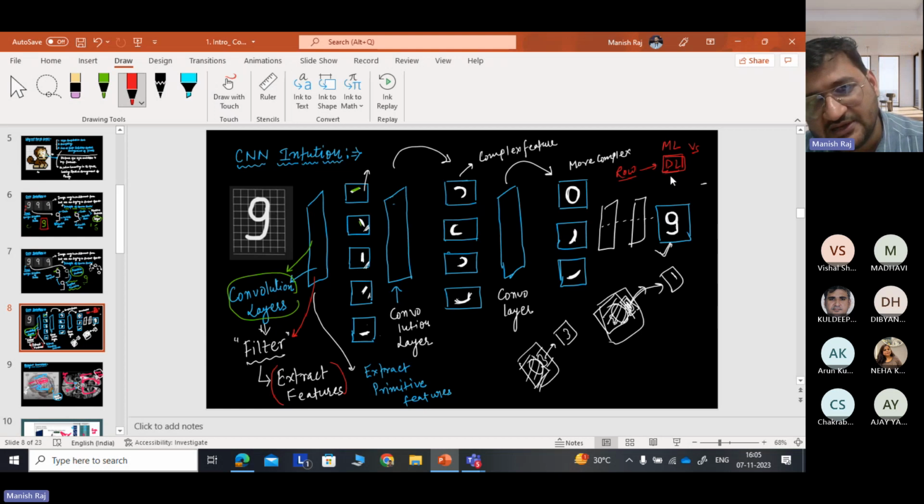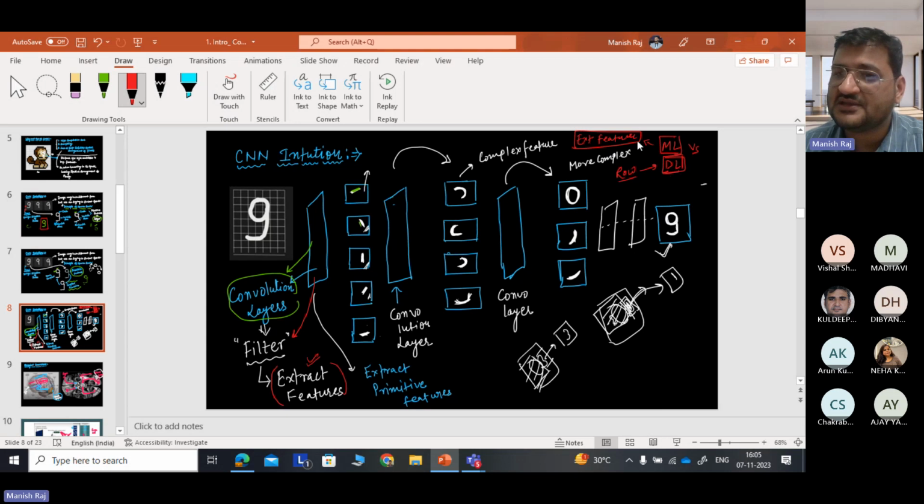But when you are using machine learning, first you extract the features, and then you can apply the machine learning algorithm. Directly you can't apply raw data in machine learning. Is that part clear?